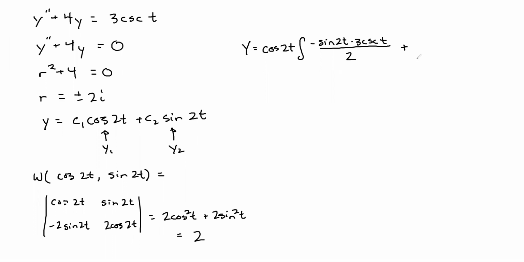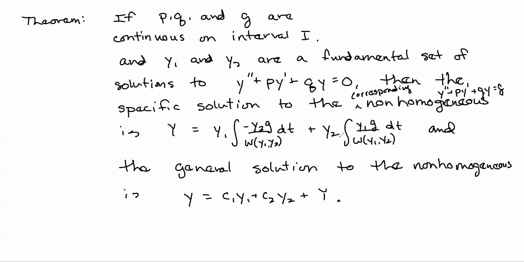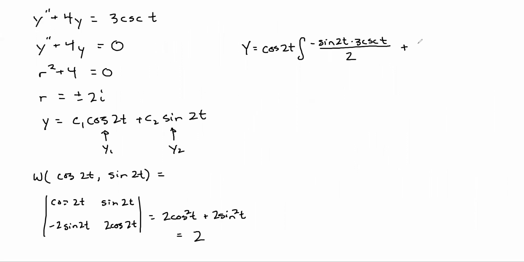And then plus, and what was the next part of our formula? We have y2 times the integral of y1g. So we're going to have y2, which is sine 2t, times the integral of y1g, cos 2t times 3 cosecant t over 2, right?